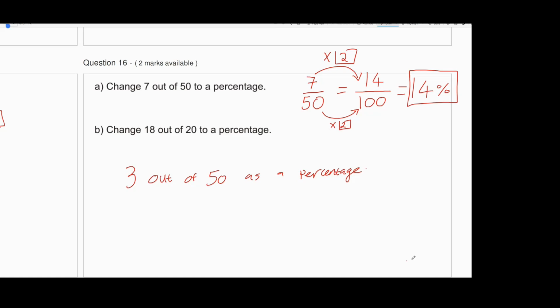Yeah, that's going to be 6%. Brilliant. Okay, so brilliant. That's going to be 3/50ths, which is 600ths, which is 6%.